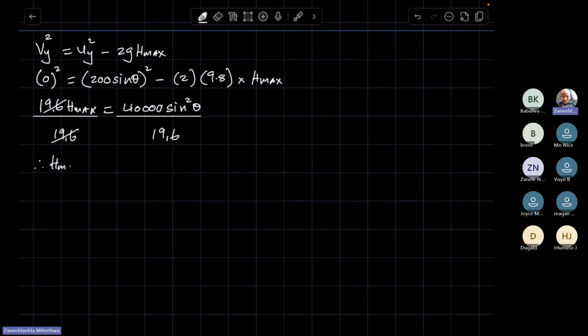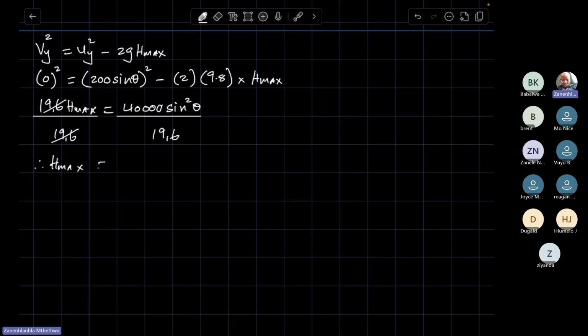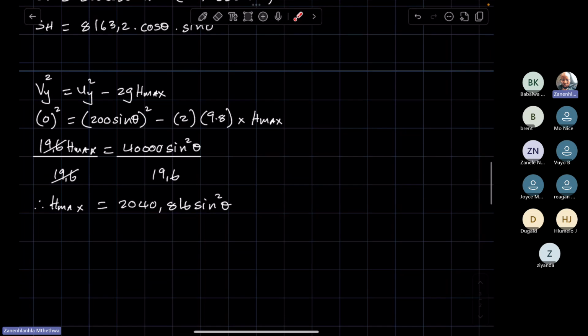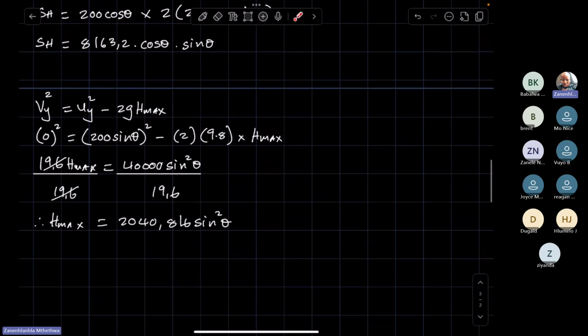Therefore h max is 40,000 divided by 19,6 is 2040,816 sine squared theta. All right.